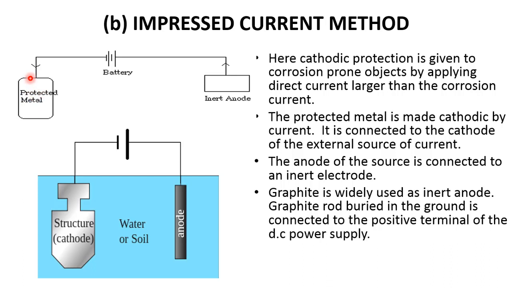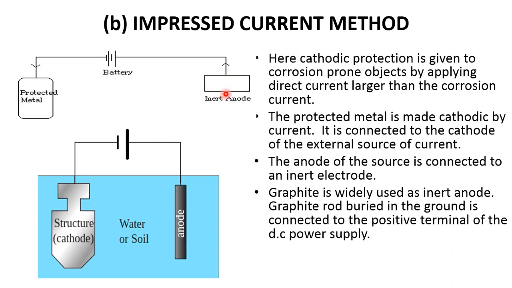Now you are providing the current from the external source so that the entire metal piece will act as a cathode. You have to provide that much current which will overcome the corrosion current. The protected metal is made cathodic by current. It is connected to the cathode of the external source of current.